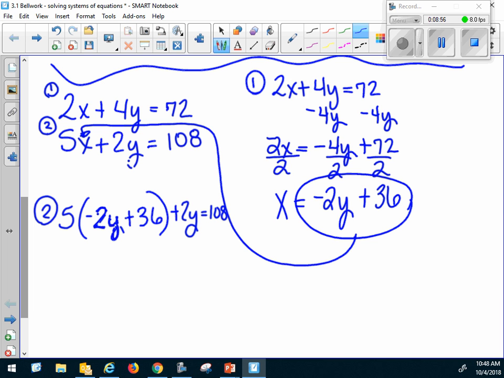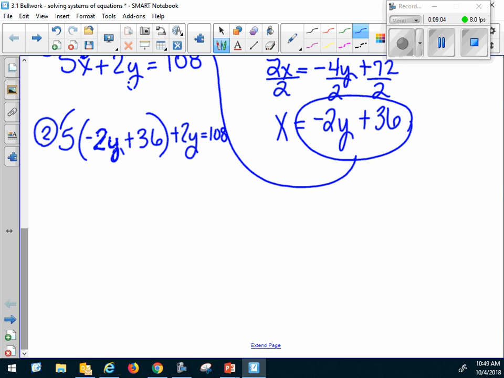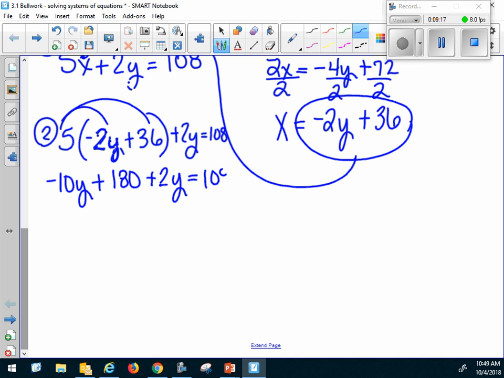All of that went in for this x, and then I bring down this 2y and this 108. Now we're going to do what? Distribute. So we distribute the 5, and we get negative 10y plus 180 plus 2y equals 108.